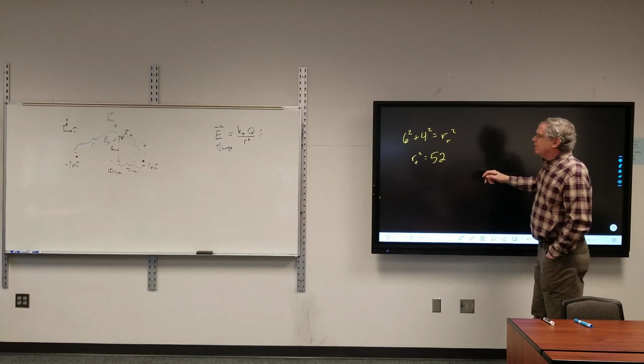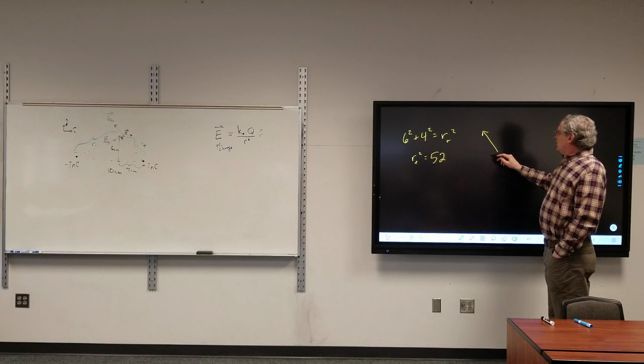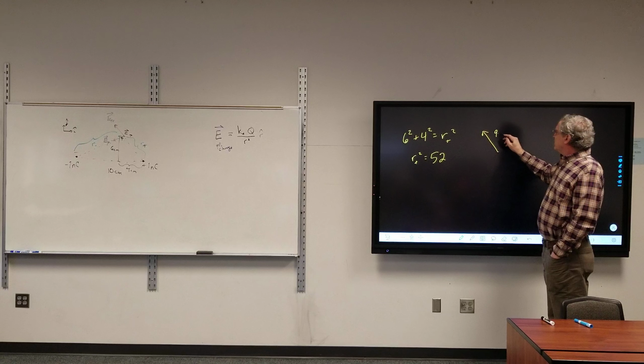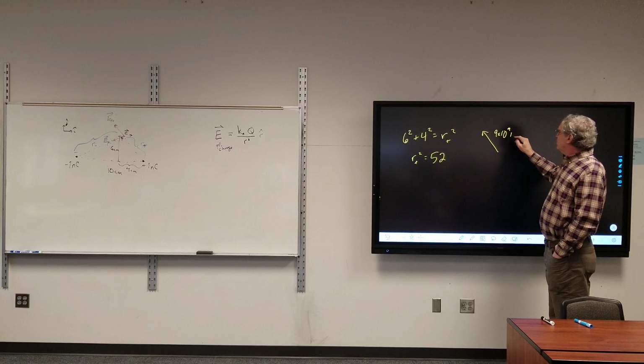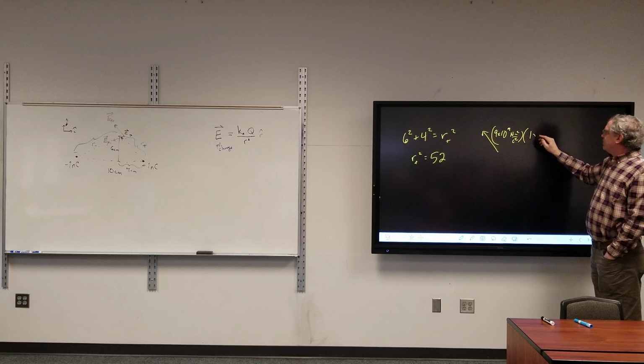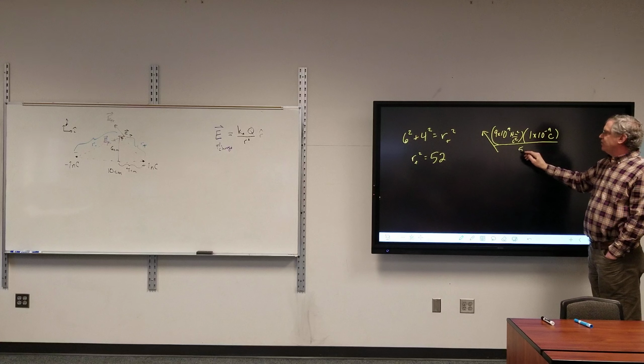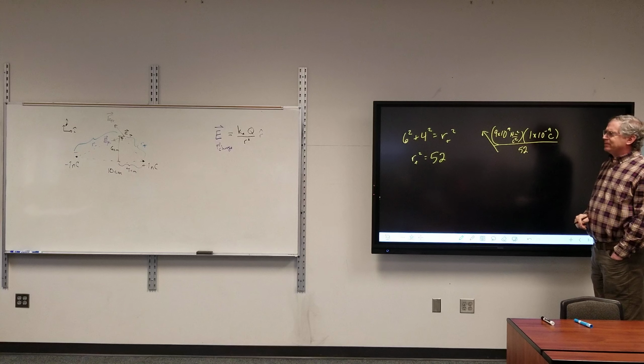All right, so let's continue on that one. So we've got this vector going off in that direction. The magnitude is K, 9 times 10 to the 9th newton meter squared per coulomb squared, times Q, which is 1 times 10 to the negative 9th coulombs, divided by R squared, which is 52.